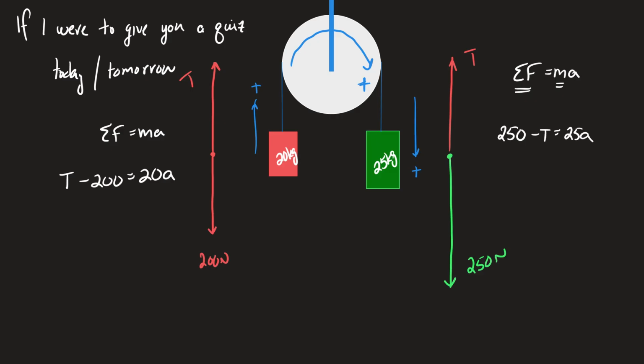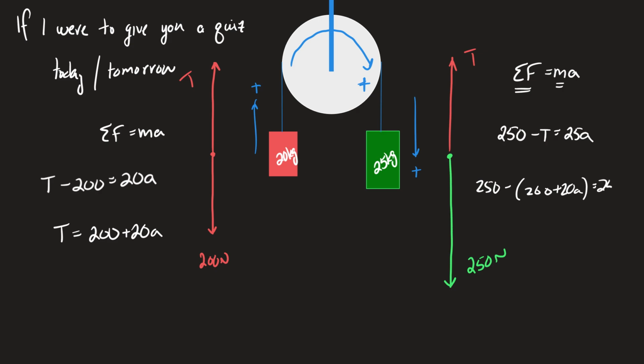Some of you are confused by me saying, okay, just put them together and add them. You don't have to do it that way. If you want, do it the way you were taught in your math class. Solve this for T, then take all of this and put it here for T. It's not better or worse, it's just different.